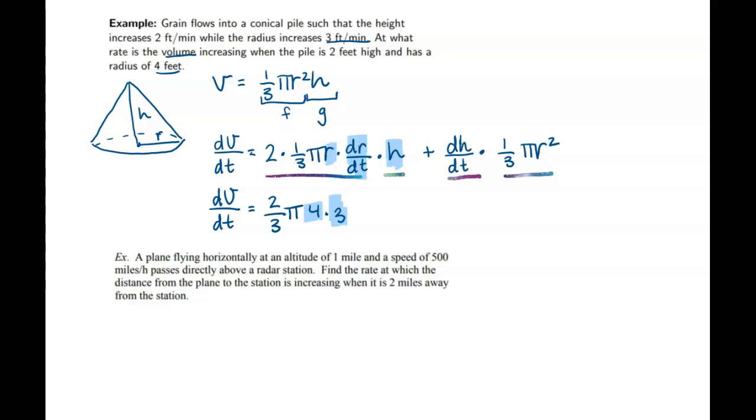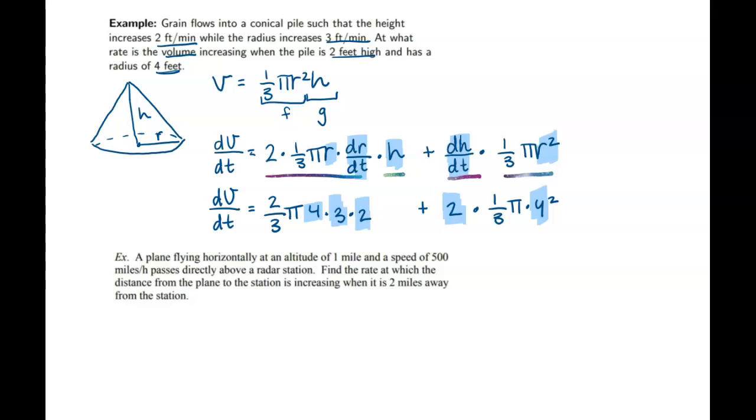And then our h is, well, 2 feet high, so our h is 2. Plus, now dh/dt, rate of change of the height, is 2 times 1/3 pi, and then r squared, well, our radius was 4, so this is times 4 squared.